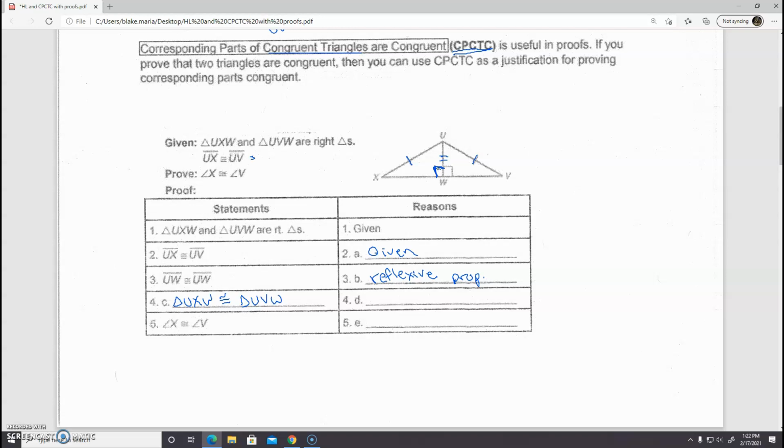And why are they congruent? Well, they have a hypotenuse and a leg. They're congruent by hypotenuse leg. So this example kind of mixes both of them, right? We're going to use HL and CPCTC.